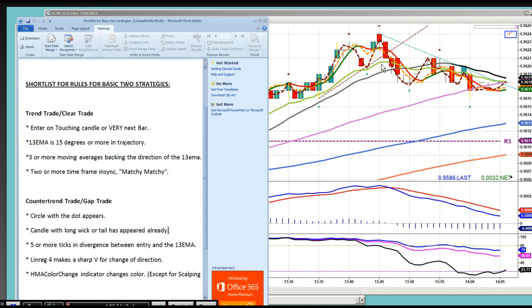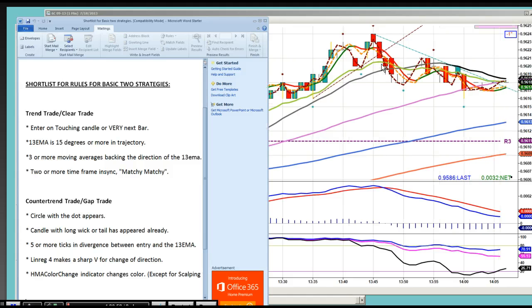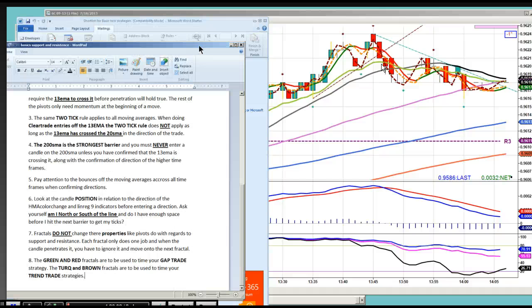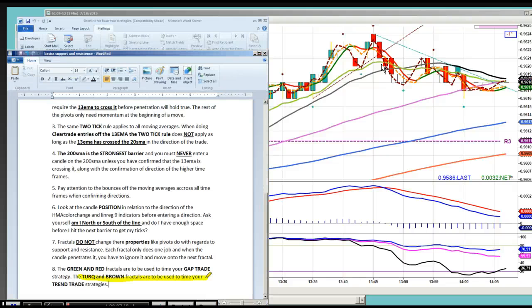Okay, so here I am trying to do my trend trade strategy. Remember, for trend trade, you're using the turquoise and the brown fractals to time your trend trade strategy. They're showing you support and resistance for the trends.